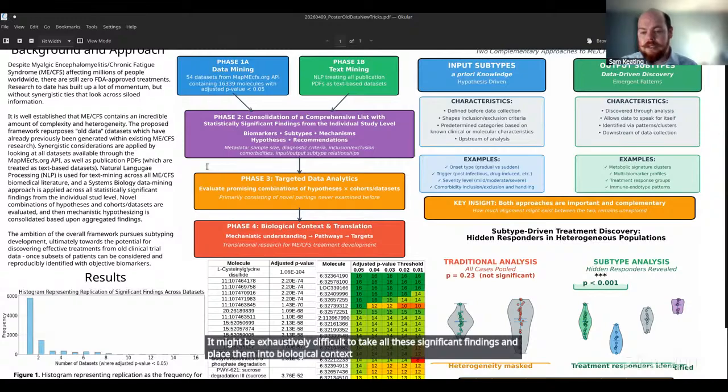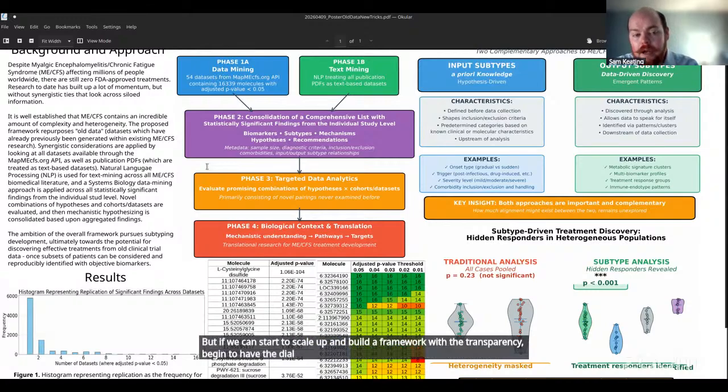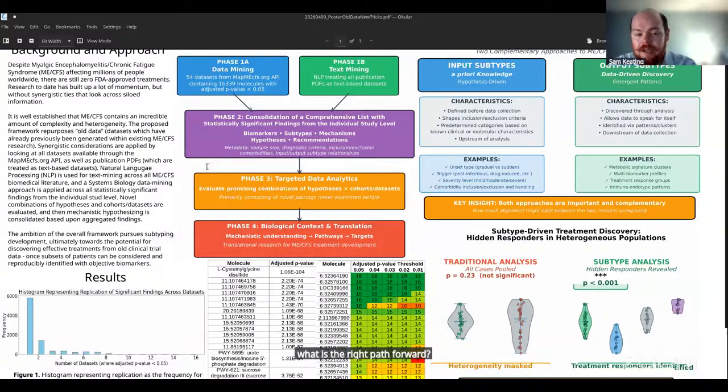But if we can start to scale up and build a framework of the transparency, begin to have the dialogue and have the conversation around what is the right path forward? Have we done it right already, or do we need to reevaluate? Which of these findings that we view in a mechanistic light might not be iron tight, might not be rock solid? We might have to reevaluate.